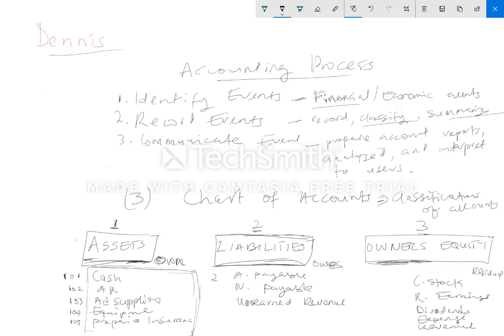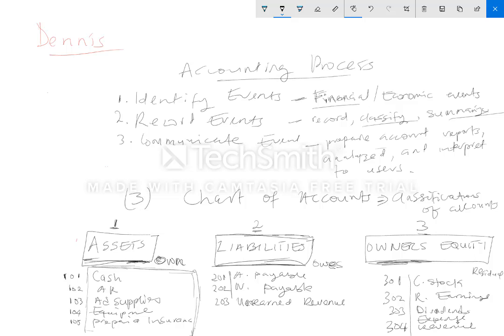Same goes here, 201 account number, 202 account number, 203 account number. Same method, 301 account number, 302, 303, and 304.